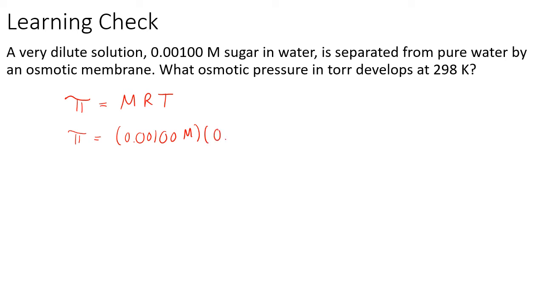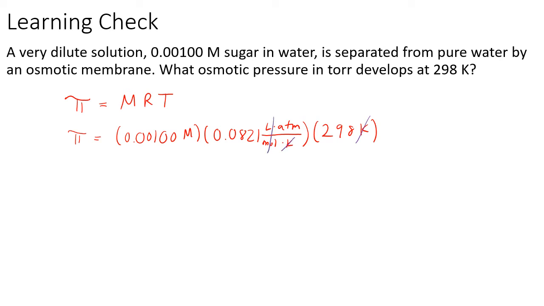R is 0.0821 liters times atmospheres over moles times Kelvin. And our temperature is already in units of Kelvin, so we don't have to convert anything there. 298 Kelvin. So when we plug everything in, you can double check and see that your units of Kelvin will cancel.